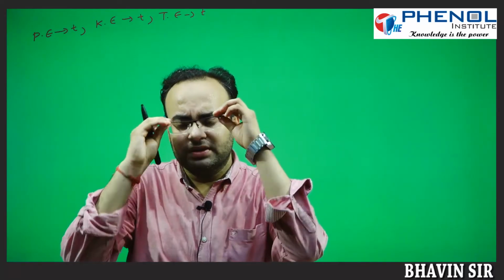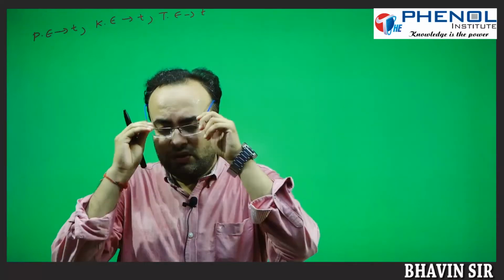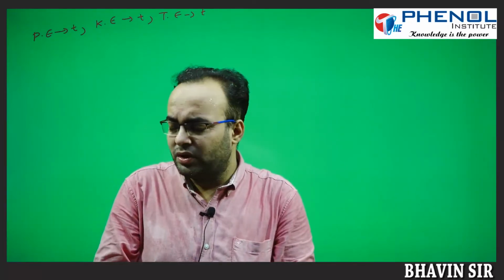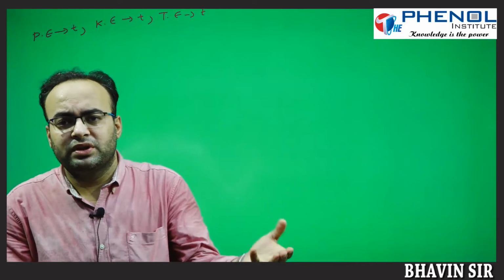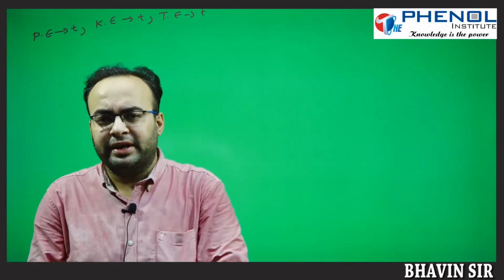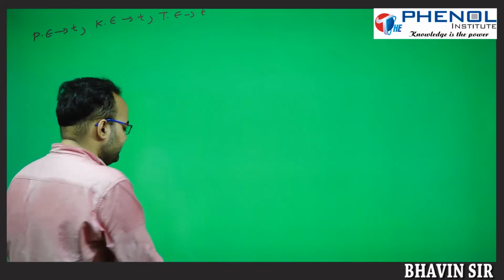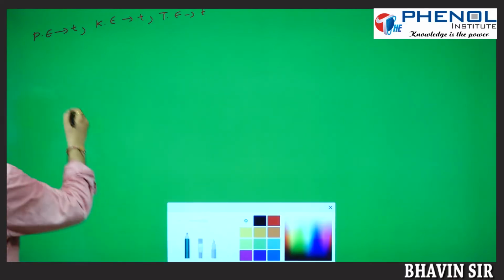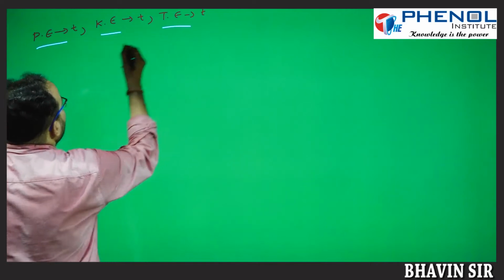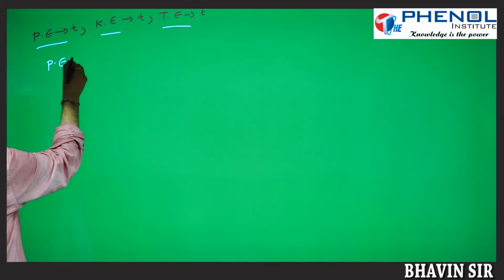So students, now first if you want to draw the graph, then first we know the relation with the time. In last lecture we derived this. What is the relation between potential energy and time? How to obtain?